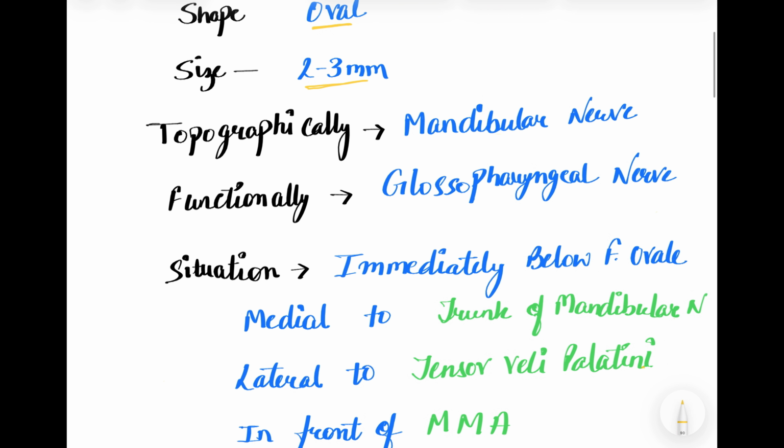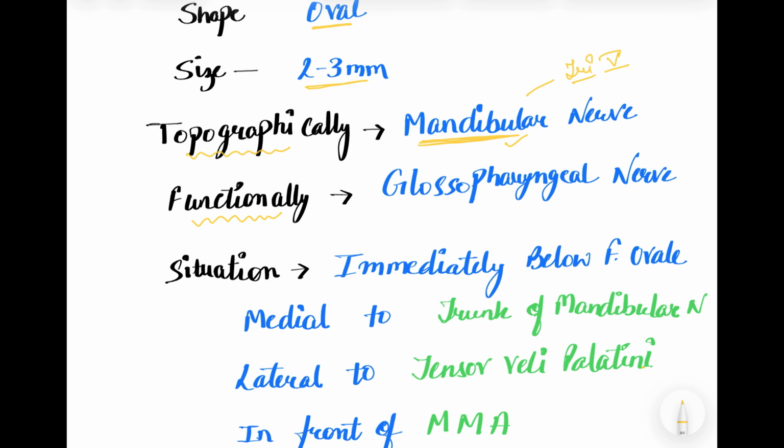Now the important thing over here is what this ganglia is related to topographically, and what it is related to functionally. Topographically this ganglia is connected to the mandibular nerve, which is the branch of your trigeminal nerve, that is your fifth nerve.